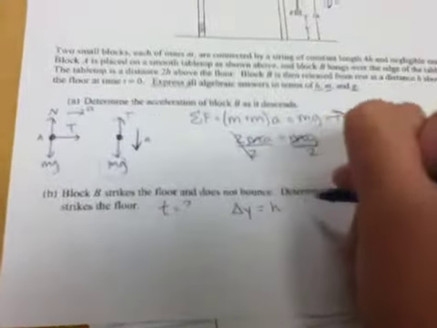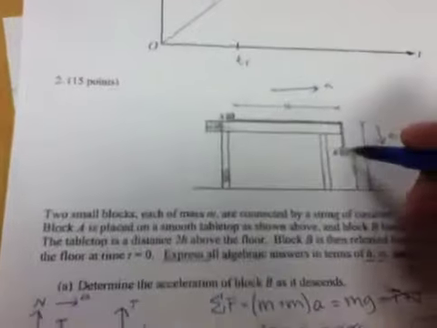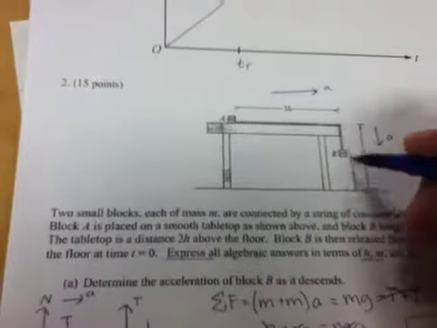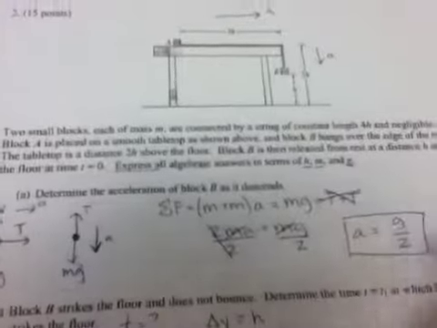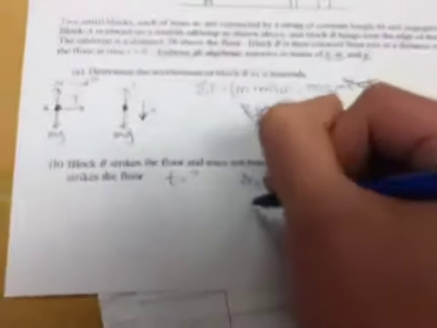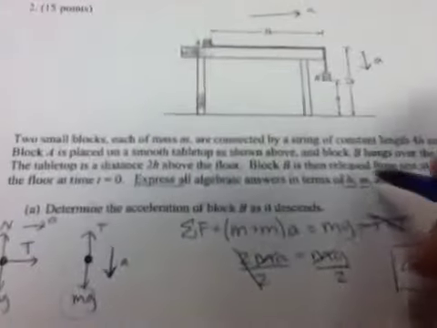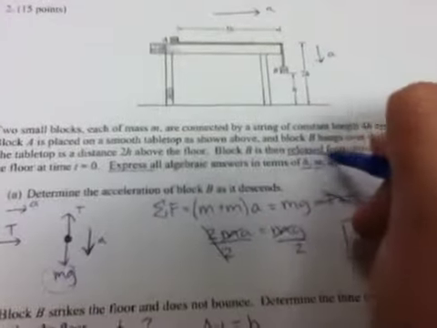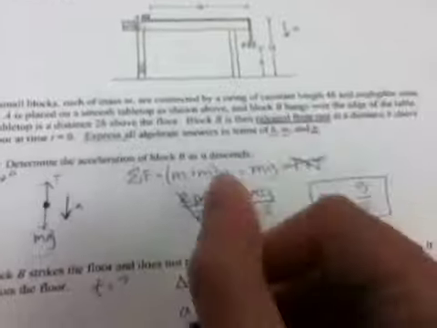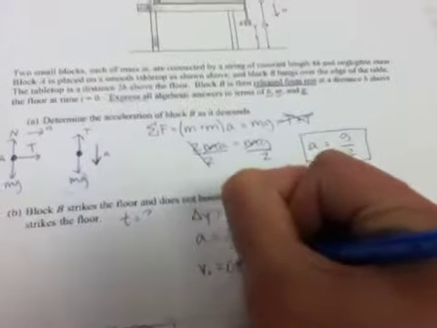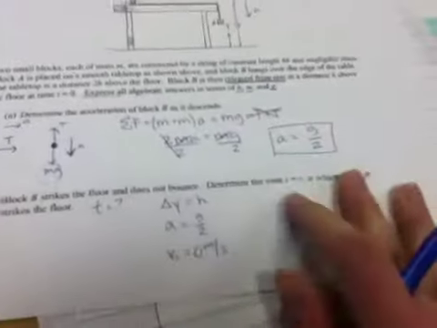So change in y equals h. We know that this block is accelerating at the same acceleration, g over 2. So we've got our acceleration, which is g divided by 2. They also say in here that block B is released from rest. Therefore, our initial velocity must equal 0 meters per second.